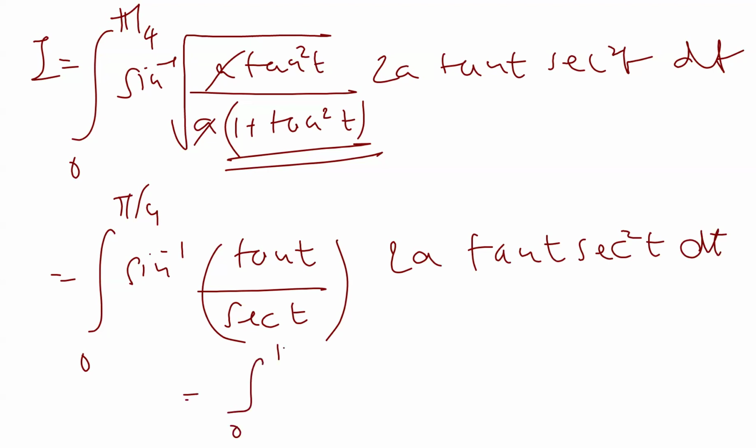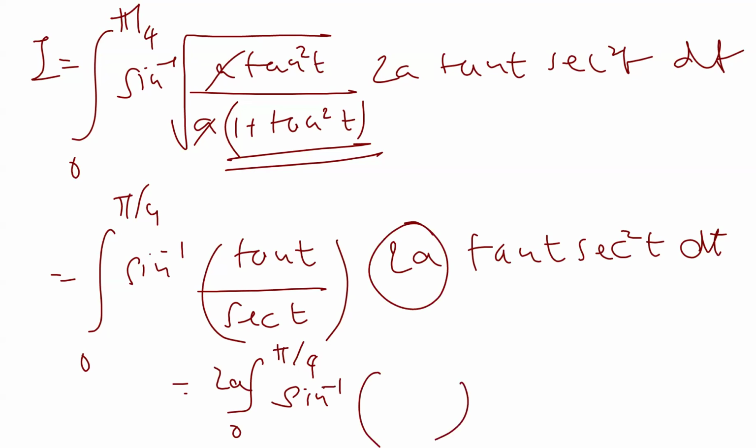So 0 to pi by 4 sine inverse. I'll take this 2a outside, that's not required anymore within the integration. This 2a, sine inverse tan t upon sec t. So tan t upon sec t is sine t. You can convert into sine and cosine and check.